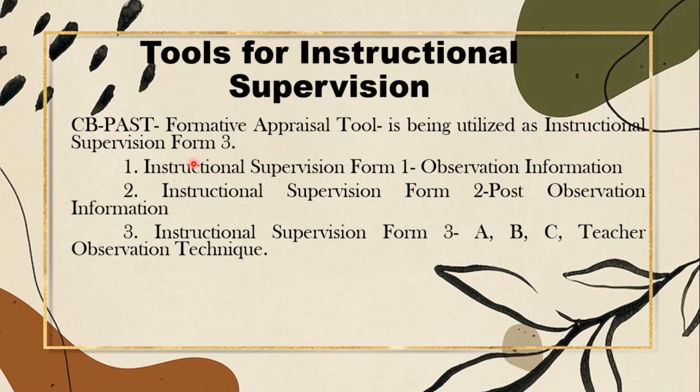These are the basic tools included: instructional supervision form 1, the pre-observation information; the instructional supervision form 2, the post-observation information; and the instructional supervision form 3, the ABC teacher observation technique.